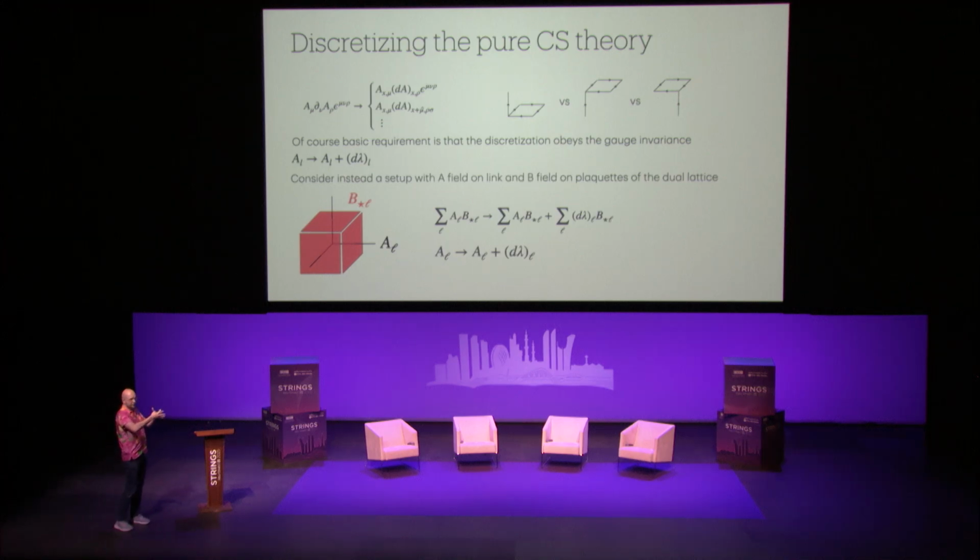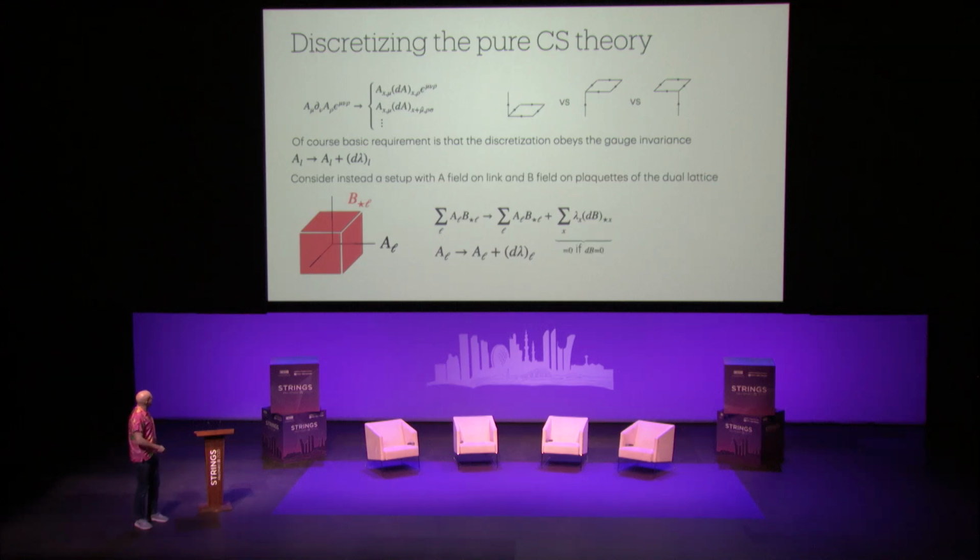Whenever the plaquette of the dual lattice intersects the link of the original lattice, we can make a product. And moreover, if we now do a gauge transformation of A, let's say that A gauge transforms by a total derivative, one can show fairly easily that you can do some kind of partial integration, and I think I missed a sign here, but it doesn't matter, onto B. So if B is closed, then this will be 0.